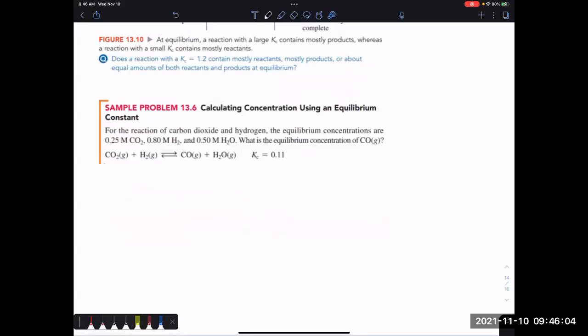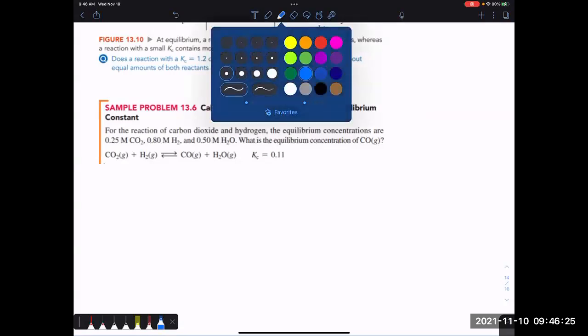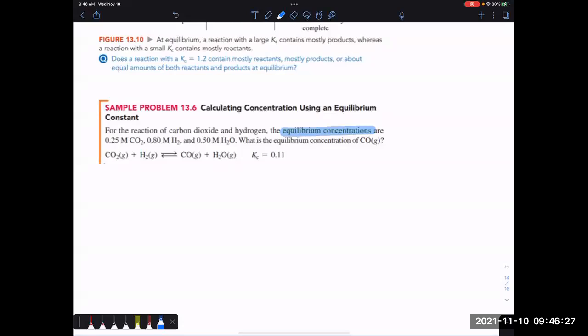All right, so for the reaction of carbon dioxide and hydrogen, the equilibrium concentrations are 0.25 molar CO2. Okay, good. I thought this was a different kind of problem. So we have these three concentrations. One of the keys for these is that it says the equilibrium concentrations.